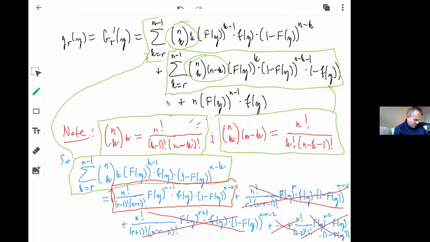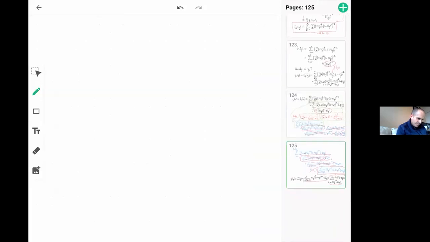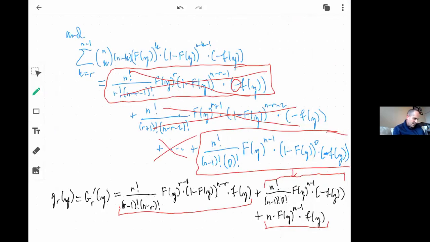Okay, so over here, if you look at this, it's this term sitting right here. That extra term that was sitting there. Look at this. This guy right here comes with a minus sign, whereas the other one has a plus sign. n factorial over n minus 1 factorial, that's just n. So these guys cancel each other also.